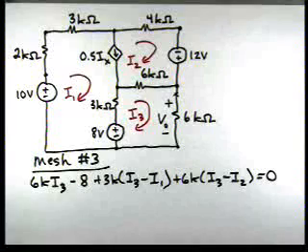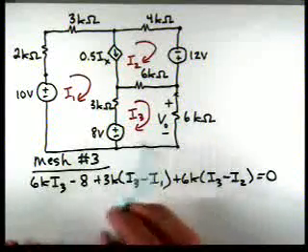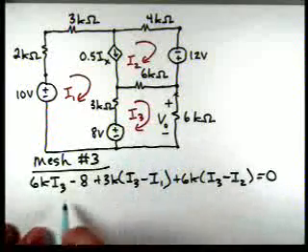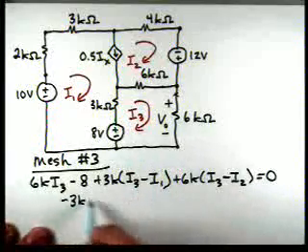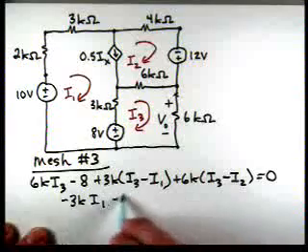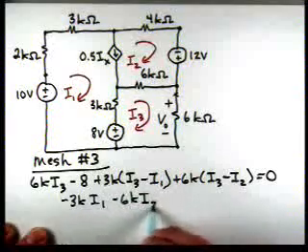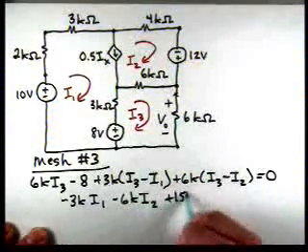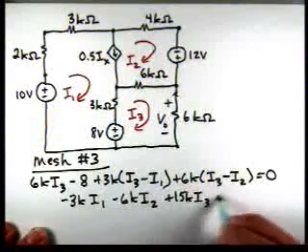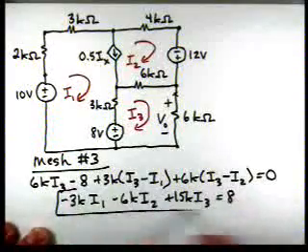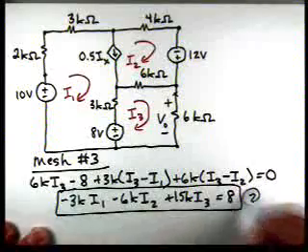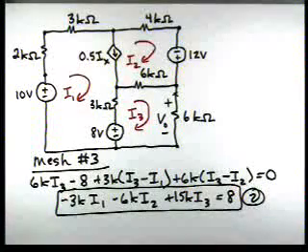Okay, no current sources are involved in that mesh, so we can apply KVL to it. The equation, when we simplify it, is minus 3K I1 minus 6K I2 plus 15K I3 equal to 8. Okay, so there's our second equation.